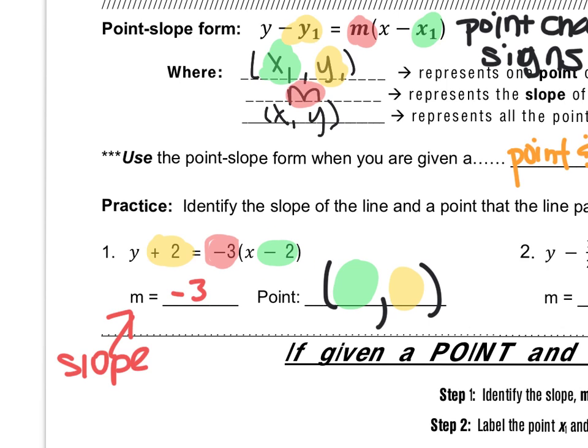So when I write it in ordered pair form, the most important thing to remember is that the sign has to switch, and so it's going to be +2. Same thing is true with my y. My y value that we were given in the equation is the +2, so when I write it in the ordered pair, it's going to be a -2. So again, I want you to make a note that the signs here and here are going to switch.